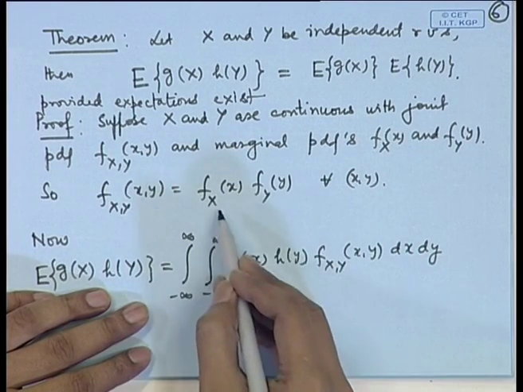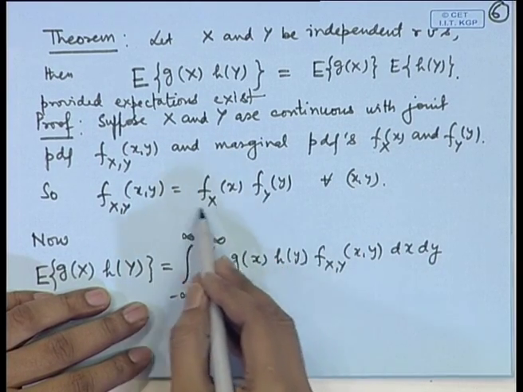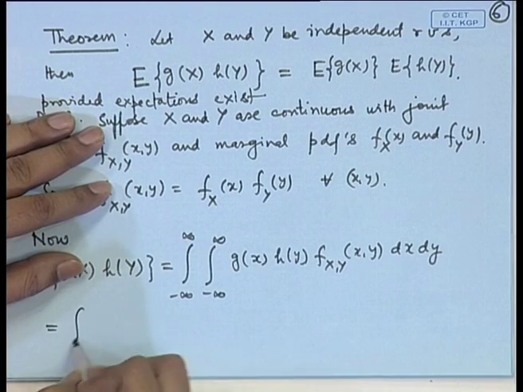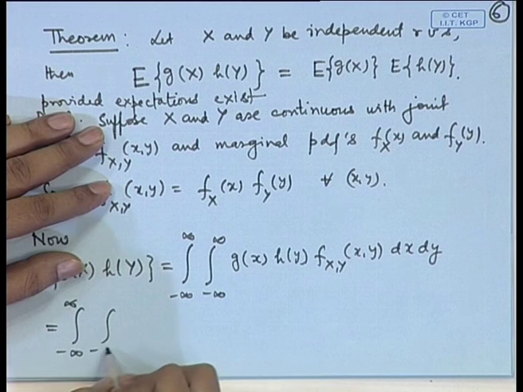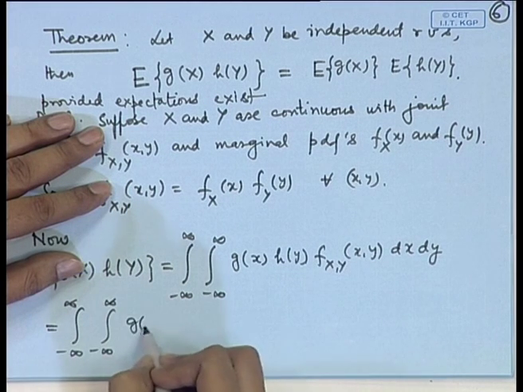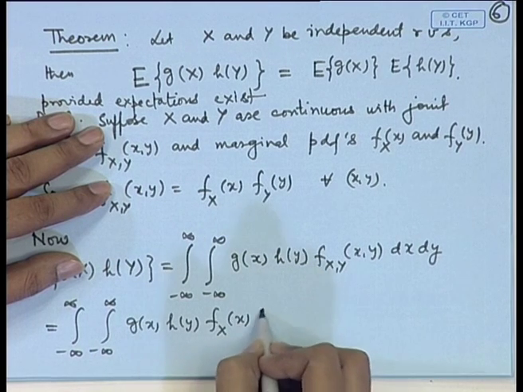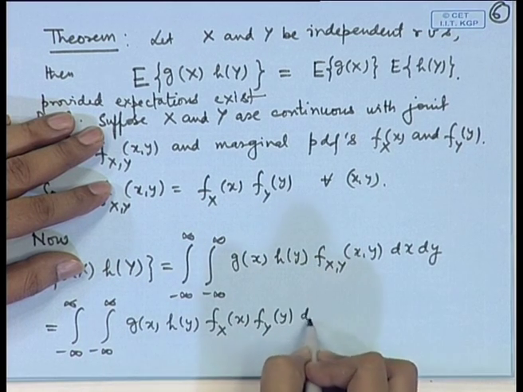Since the random variables are independent, we can make use of the condition of independence. That means this is equal to the integral of g x into h y f x into f y dx dy.